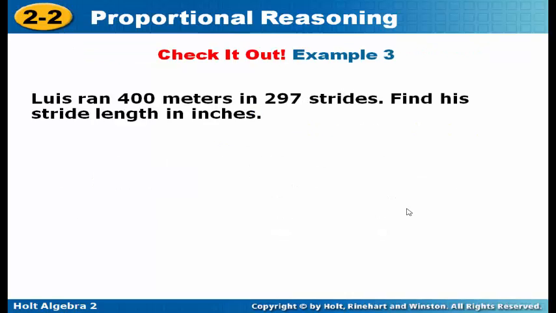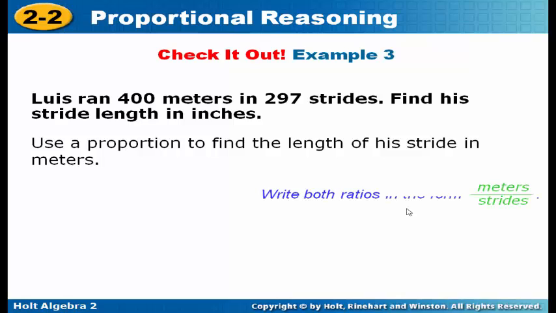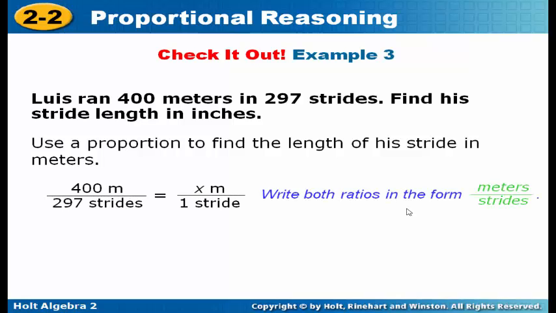Luis ran 400 meters in 297 strides. Find his stride length in inches. 400 meters over 297 strides equals x over 1.